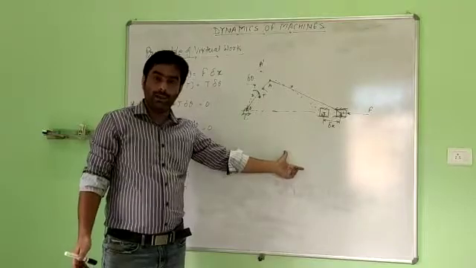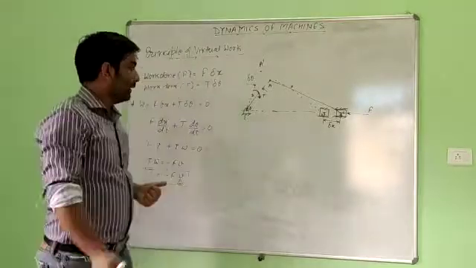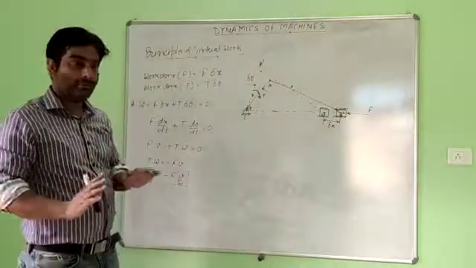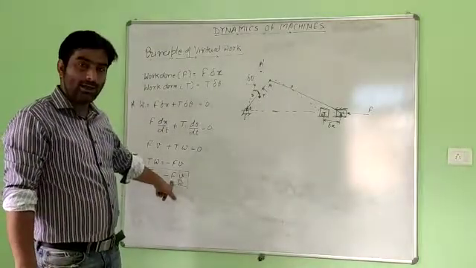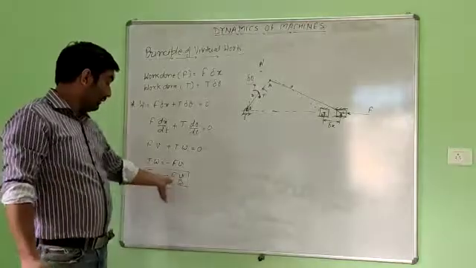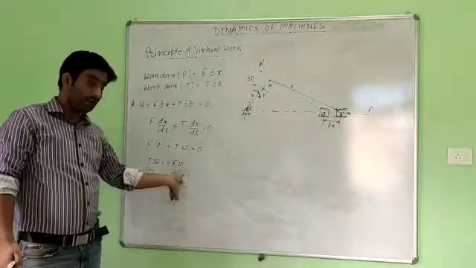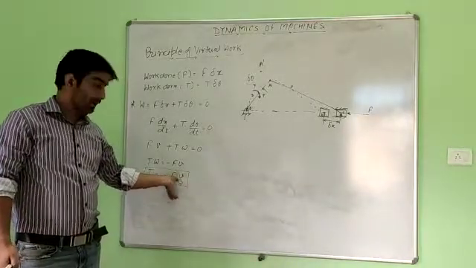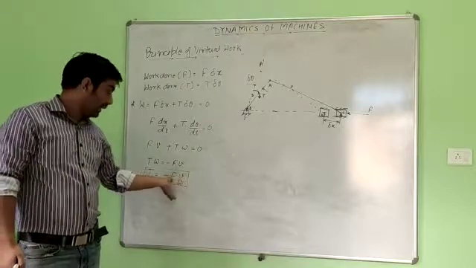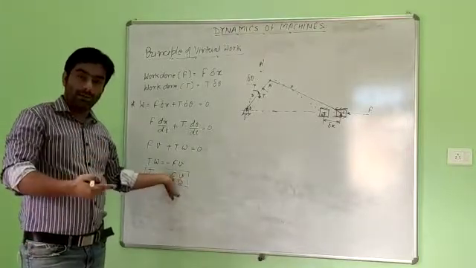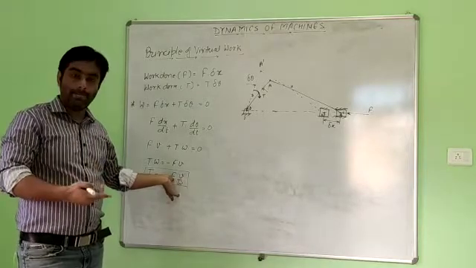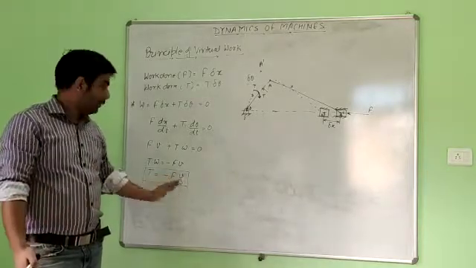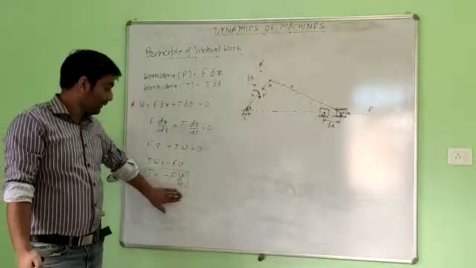We require the velocity diagram of the mechanism. Why is the velocity diagram required? With its help, we will calculate the component of velocity along the force. For work done, we require the component of velocity along the direction of force.